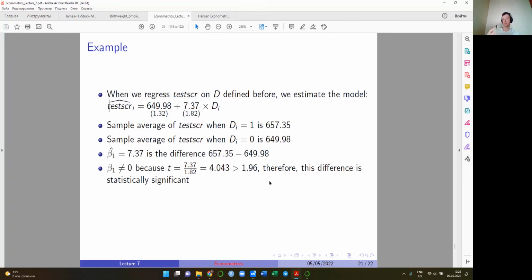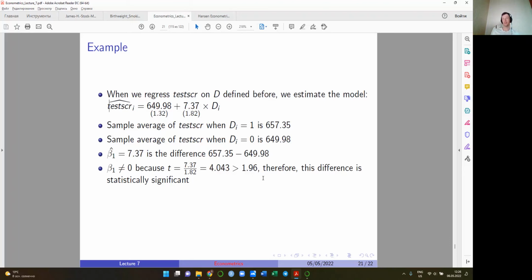Again, we don't need to explicitly compute the critical value. As a rule of thumb, you can remember that if we test the hypothesis on a 5% significance level, then the critical value is going to be 1.96.